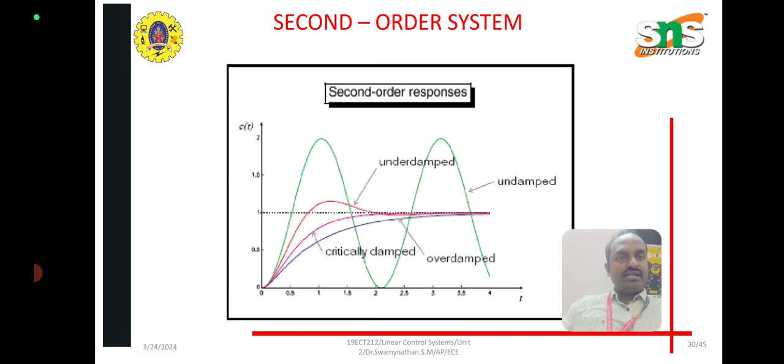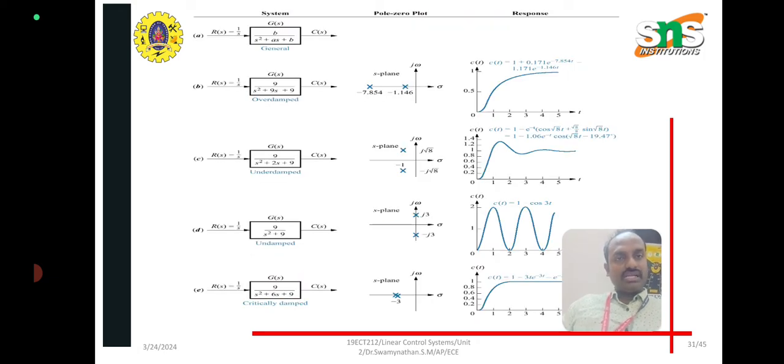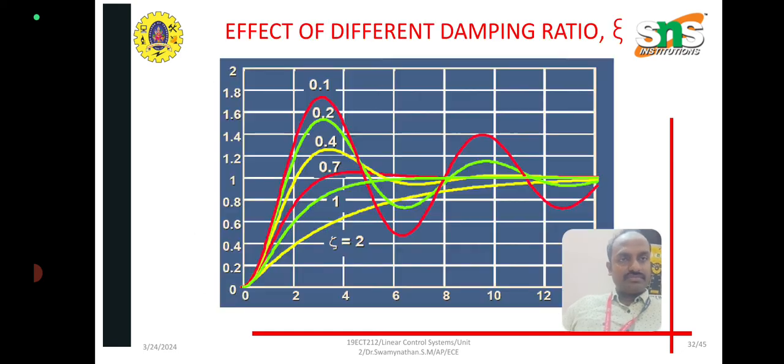Here, consolidatedly, we discuss the critically damped, underdamped, overdamped and undamped graphical representations in different colors. These are the systems, the pole zero plots and the responses. We plotted this graph comparison between the systems, pole zero plots and responses.